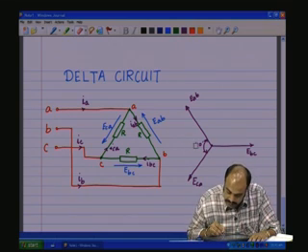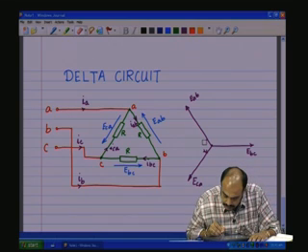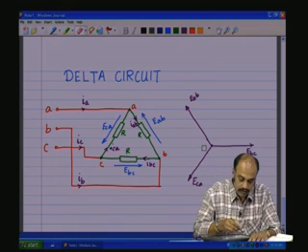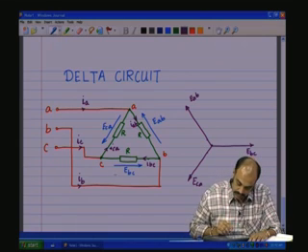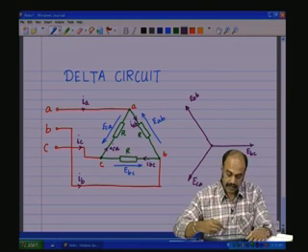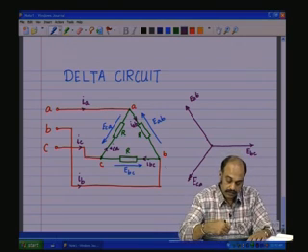Now, the phase voltages here in this case are the line voltages themselves, and therefore, the currents which are flowing through here, IAB, IBC and ICA, will be in phase with the voltages across those terminals.